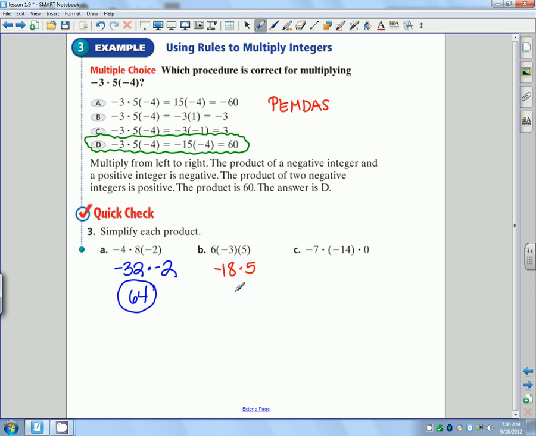Remember the dot is multiplication, so that would be negative 90. And then lastly, if you look at this one, negative 7 times negative 14, you really don't even need to do that because of the little 0 at the end. So you know your answer is 0.